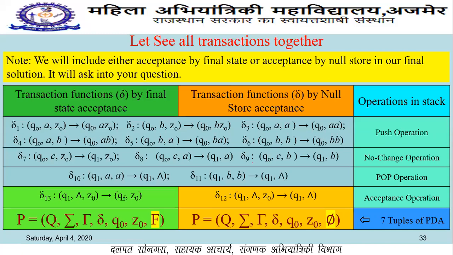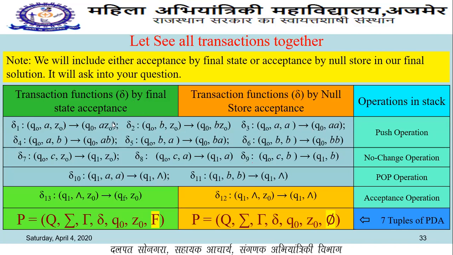By this slide, we can understand the pushdown automata for a context-free language L2. One note: we always include either final state acceptance or null store acceptance, and that is clearly mentioned in the question.